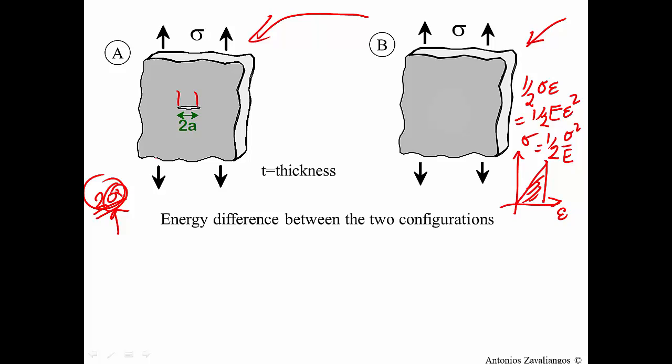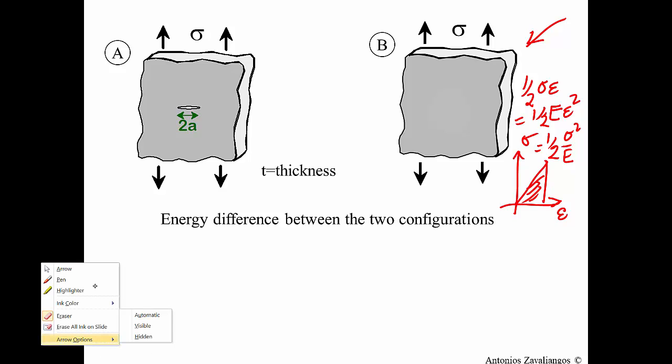Make sure you remember this, because sometimes that leads to numerical errors. Anyway, what I want to discuss is the energy picture in a body that has this crack. So there are 2 or 3 points to consider.